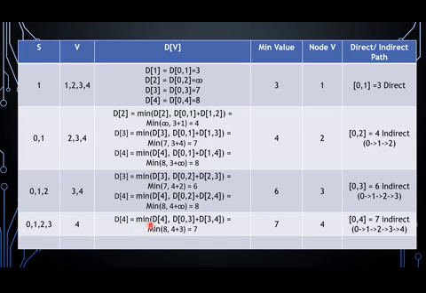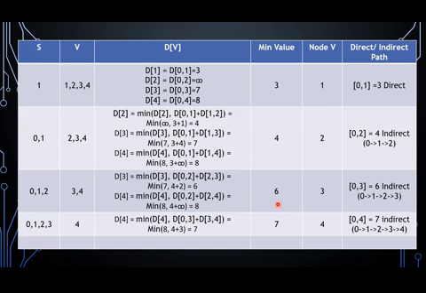D of 4 is equal to minimum of d of 4 from the previous step, comma d of 0 comma 3, minimum from the previous step, and d of 3 comma 4, distance from the new source. New source is 3. D of 4 from the previous step is 8.